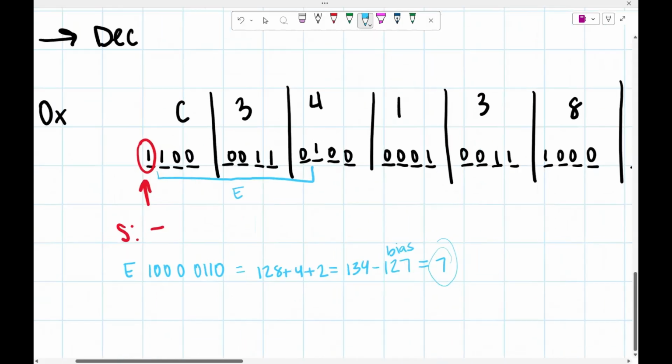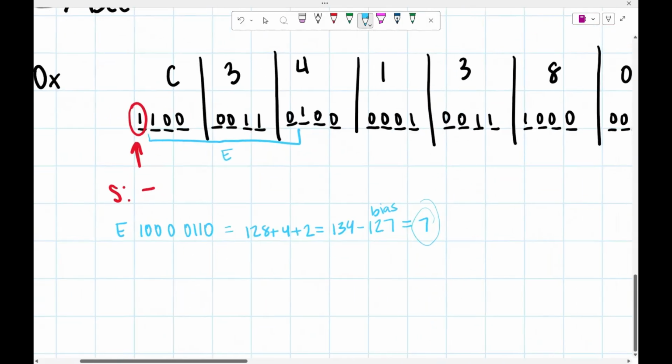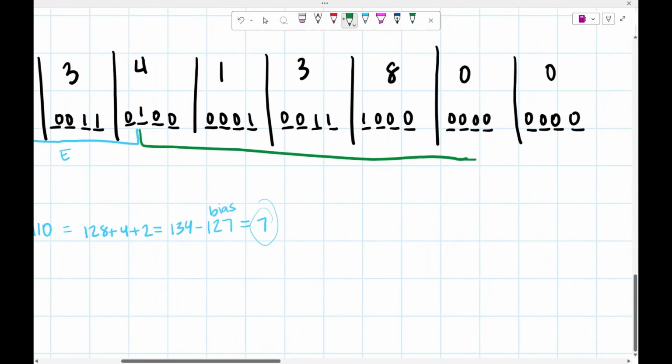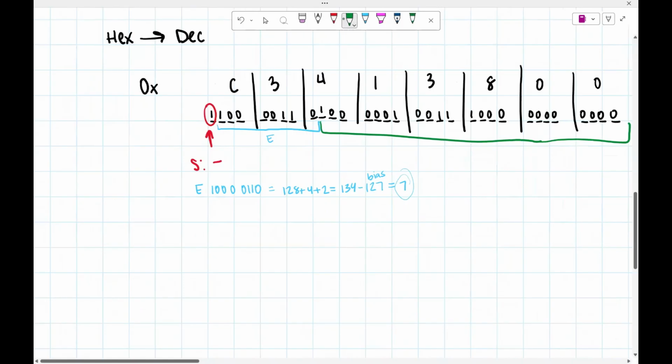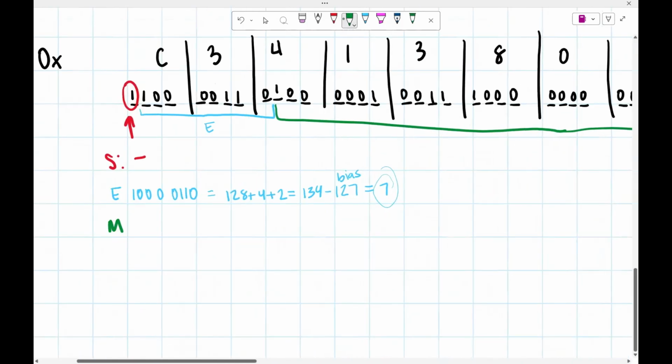The rest we can assume is our mantissa. Or well, we can't assume it is our mantissa. Okay, so I'll write that down here. And reintroduce that one back in.